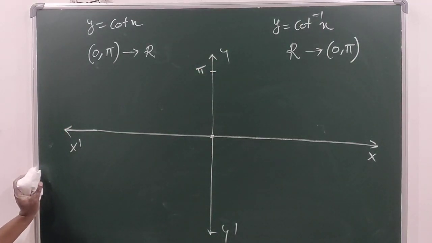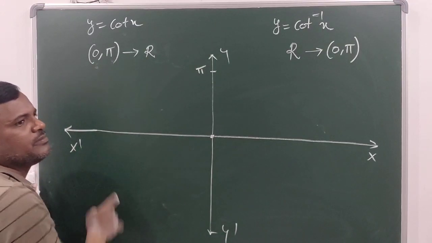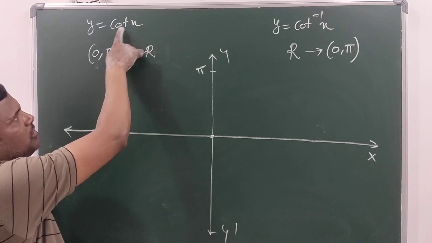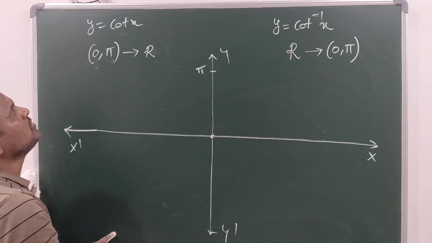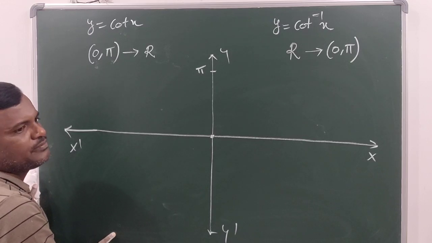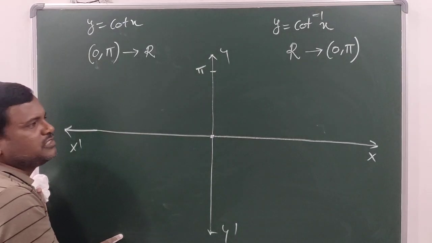Now draw the graph of this cot x. The principal domain is 0 to pi. When you write theta as 0, cot 0 is not defined, and cot pi is not defined. How do you get the graph of this cot function? When you write 90, cot 90 is 0.